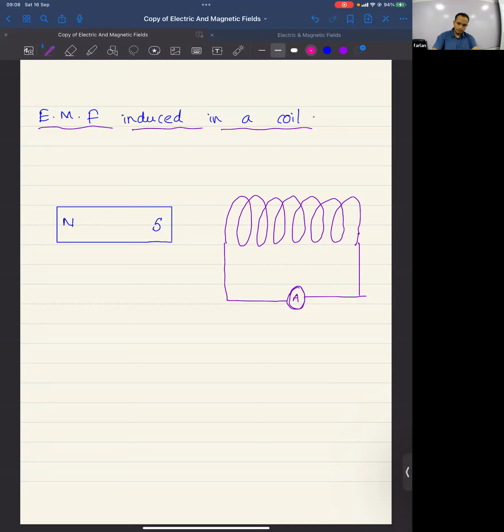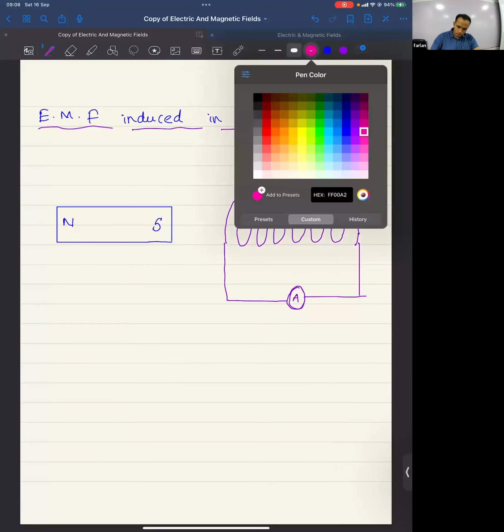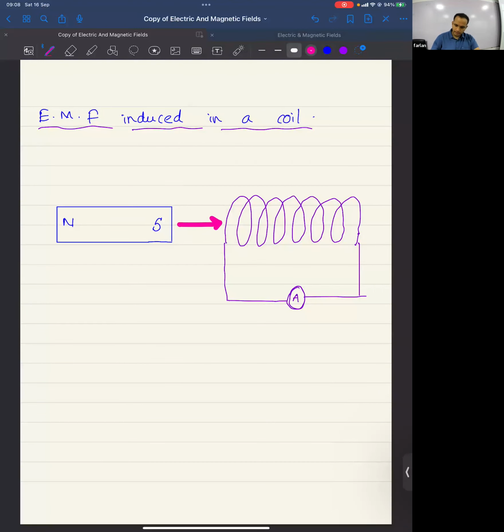If you're moving the magnet towards the coil, the EMF induced will be in one direction, so the current will be in one direction. When you're moving the magnet away from the coil, the EMF induced will be in the opposite direction, so the current in the coil will be in the opposite direction. So if you're moving the magnet towards and away from the coil, the direction of the current in the coil will keep on changing.